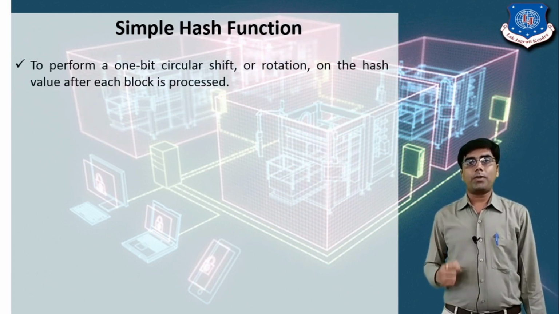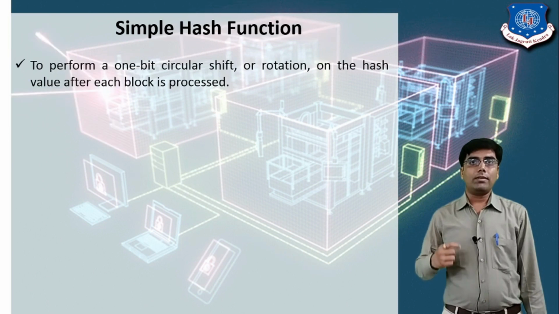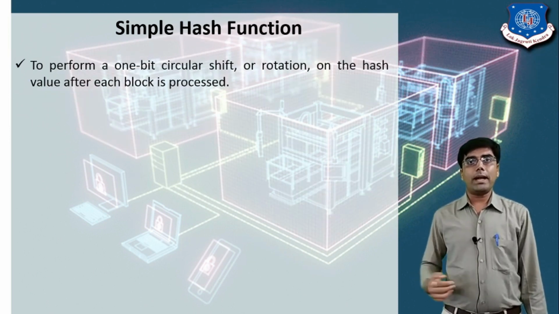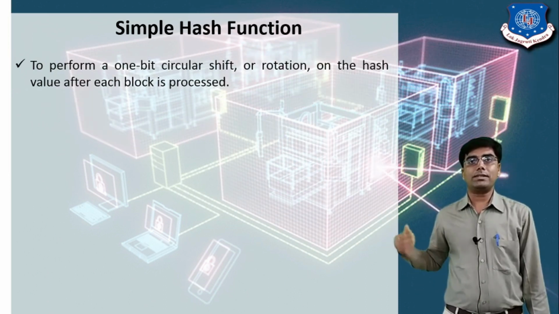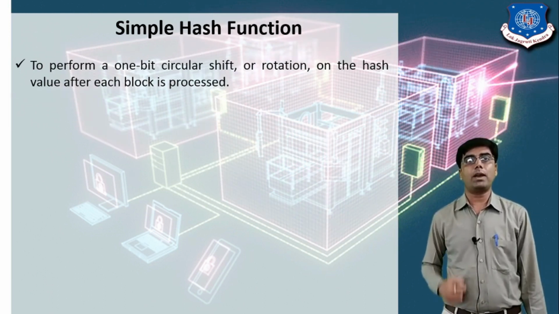But here one problem is that if our input is different, we may still get the same hash value some of the time. So it is a limitation of the simple hash function.